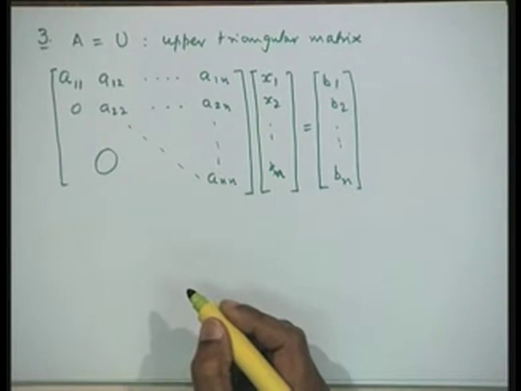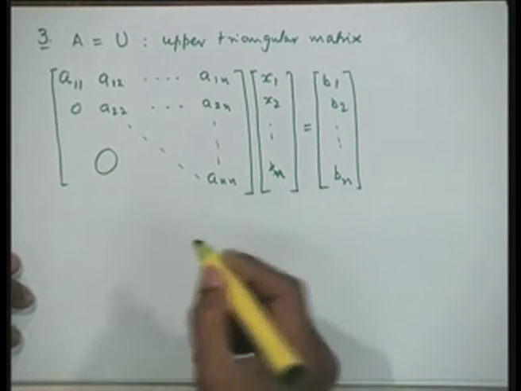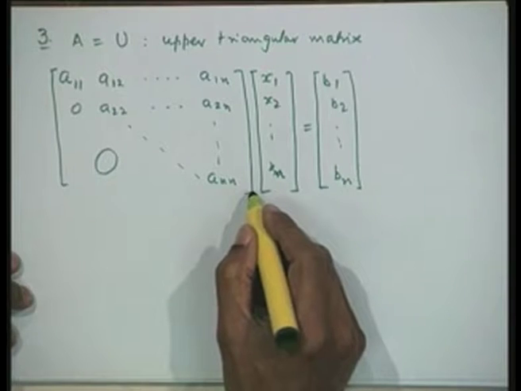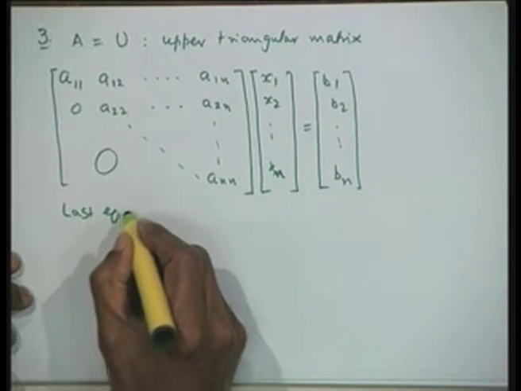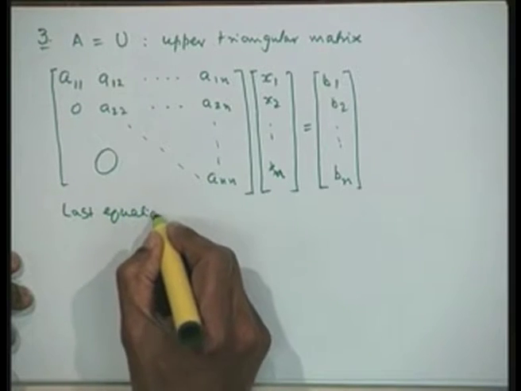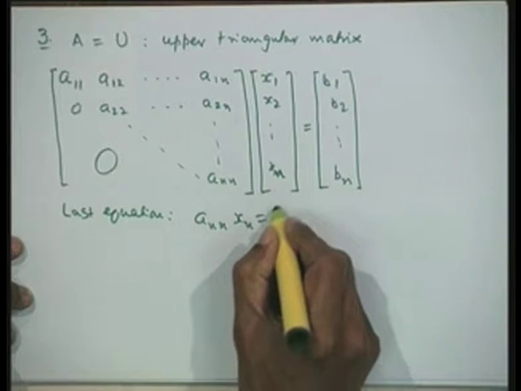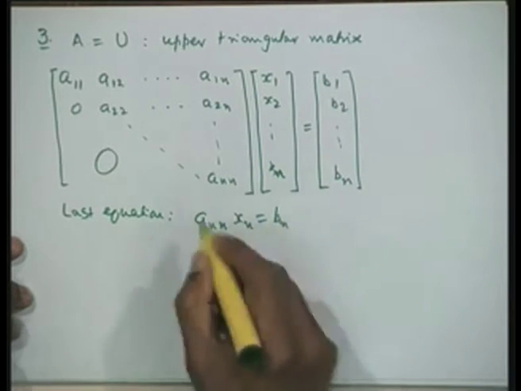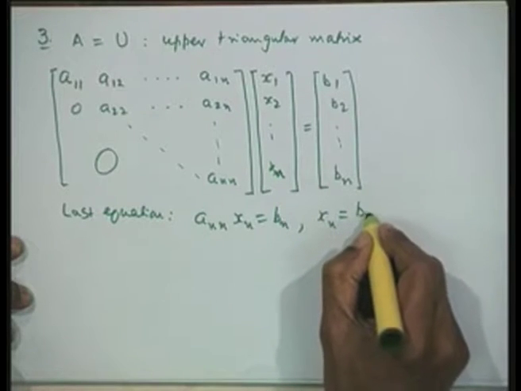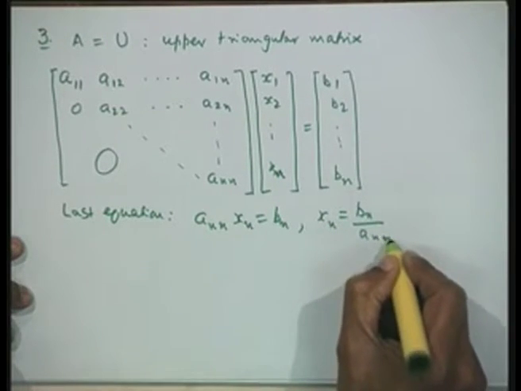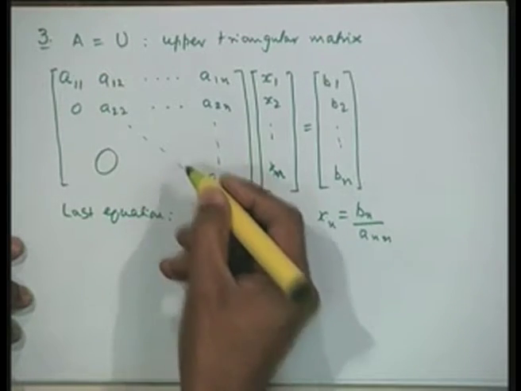Now, we can see that this system can also be solved in the same way, but we start from the last equation. If I take the last equation, it gives me ann xn is equal to bn. That means, I can solve the last equation for the variable xn as bn upon ann. Then I go backwards, and take the previous equation.